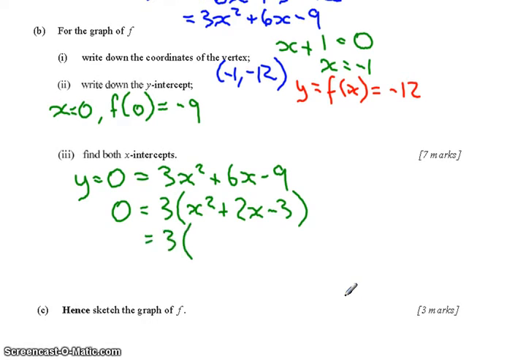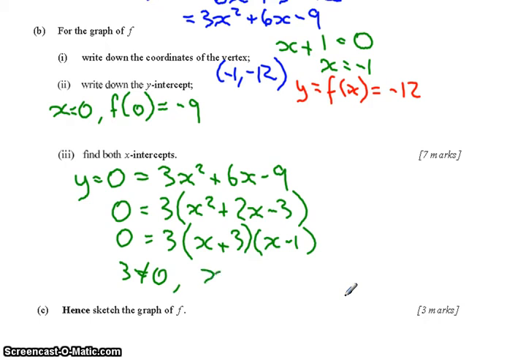Factorise this further. We need two numbers that multiply to give us minus 3, add to give us positive 2. Not many choices, but it's positive 3 and minus 1. If this is equal to 0, the 3 isn't equal to 0.